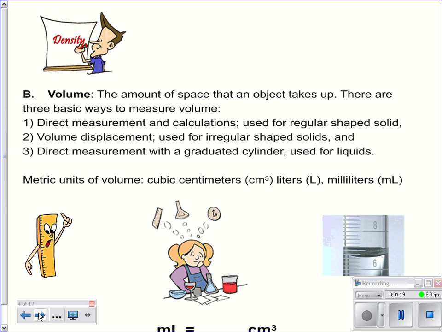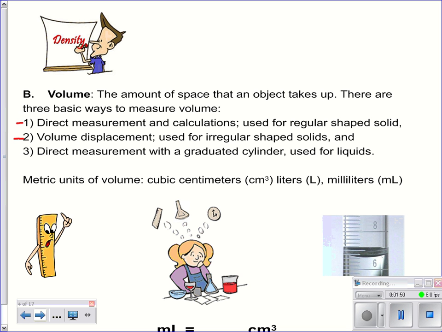Then we move on to volume, and volume is the amount of space that something takes up. There's a couple things we can think about when measuring volume. If it's a solid object and it's regularly shaped, then it's pretty easy to take direct measurements and do some calculations. For example, if it was a cube, it would be length times width times height. If it's a solid object but it's not regularly shaped, then we can do something known as water displacement or volume displacement, and you use that with a graduated cylinder.